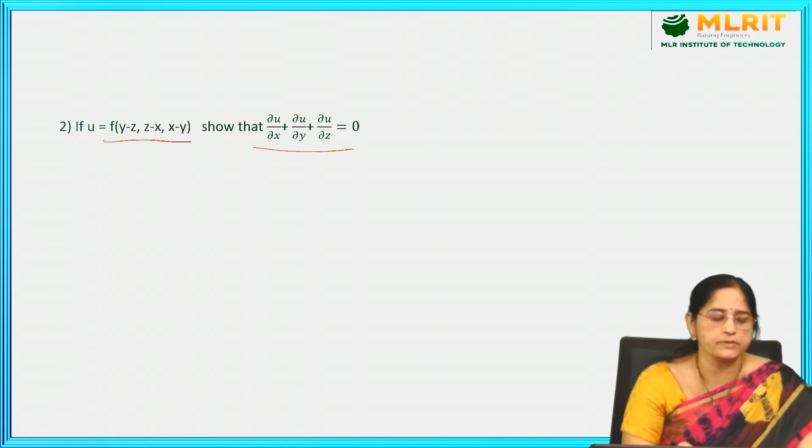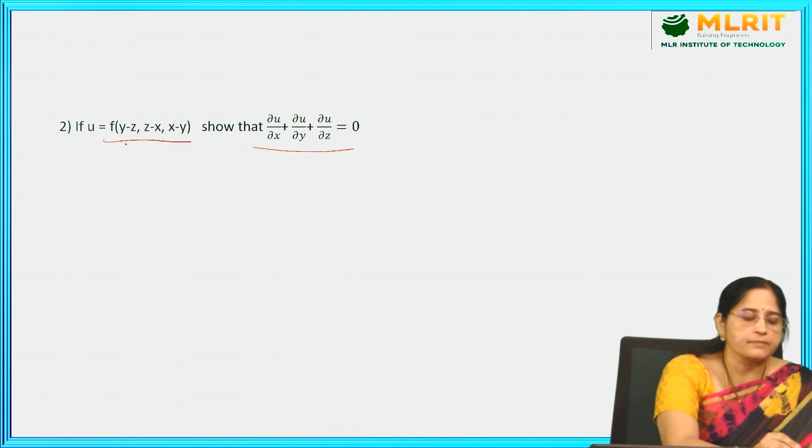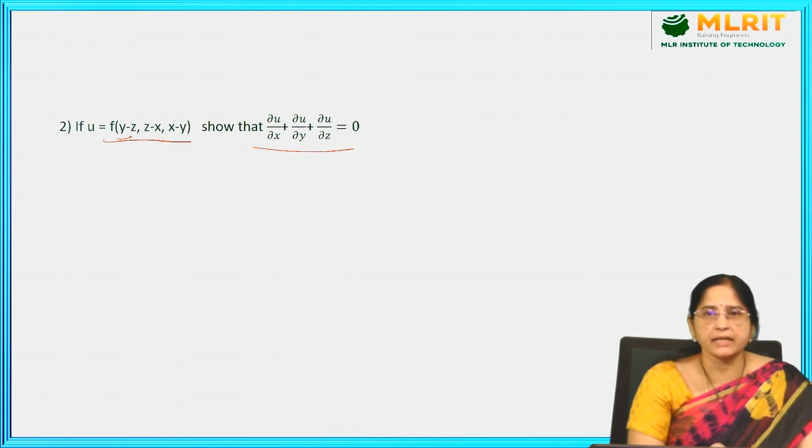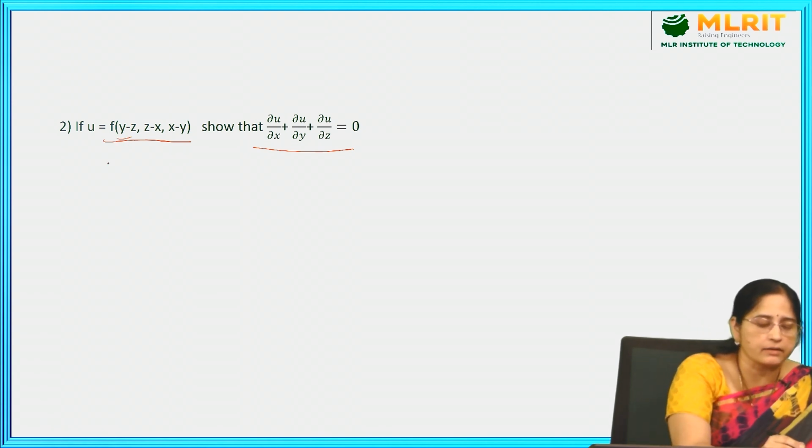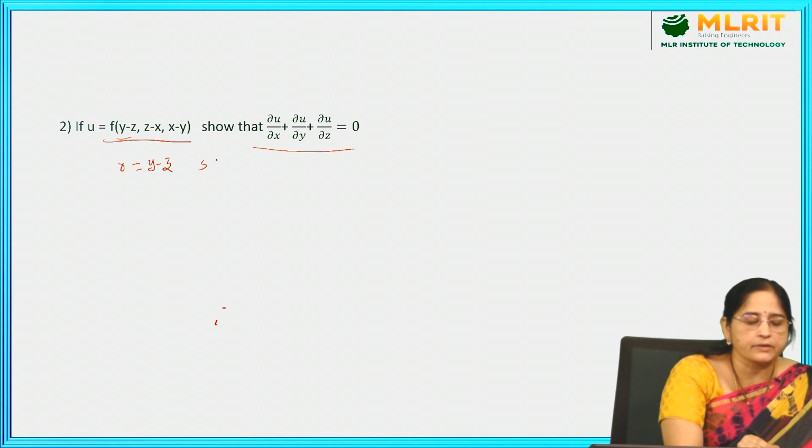equal to 0. So here, take y minus z as some r equal to y minus z, and s is equal to z minus x, and t equal to x minus y.